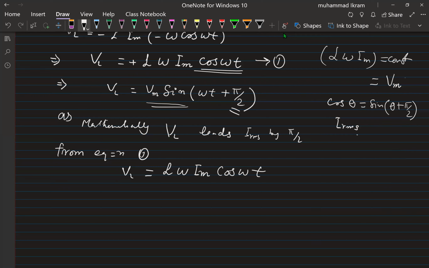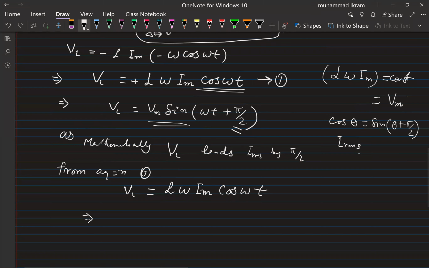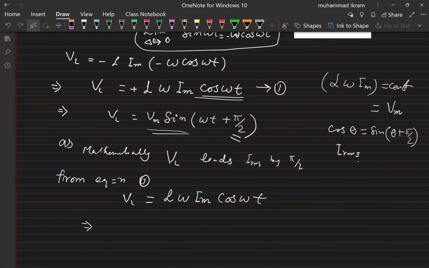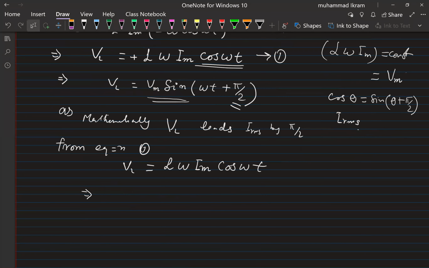Now, as I told you, from this equation I can simply write that VL by Im will be equal to L omega into cos omega t.